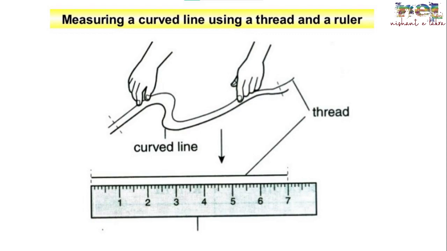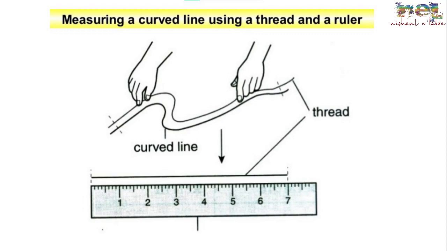After you have placed it till the end of the measurement, very carefully hold those 2 ends, the starting point and the ending point of the thread. Hold the thread carefully and bring it near a ruler, near a scale. And likewise, like previously how you have been measuring objects, straighten the thread and keep it coinciding with the scale.